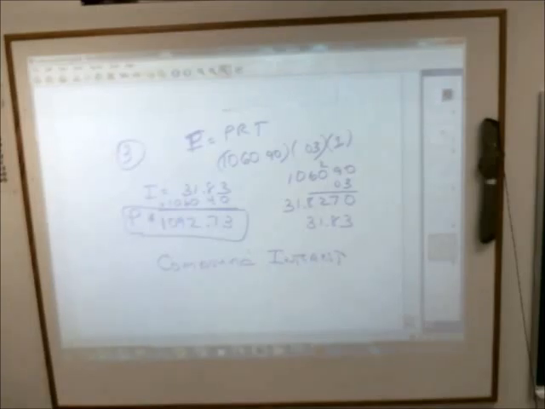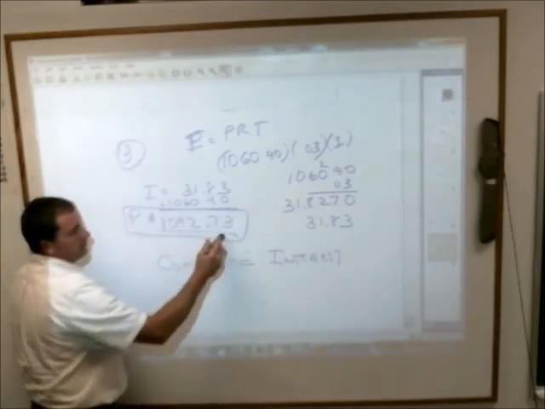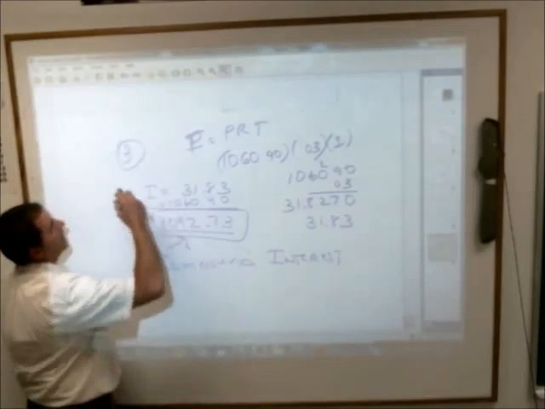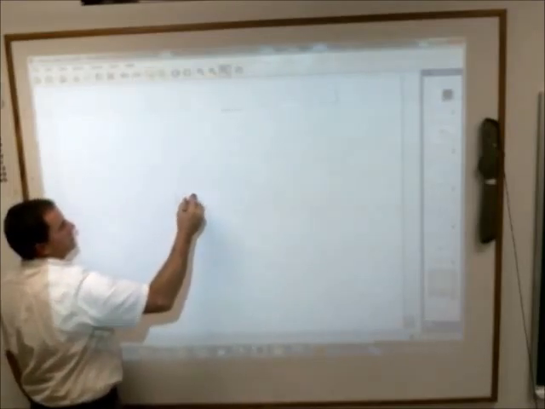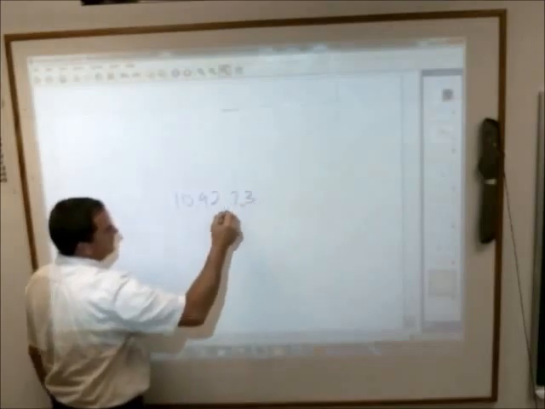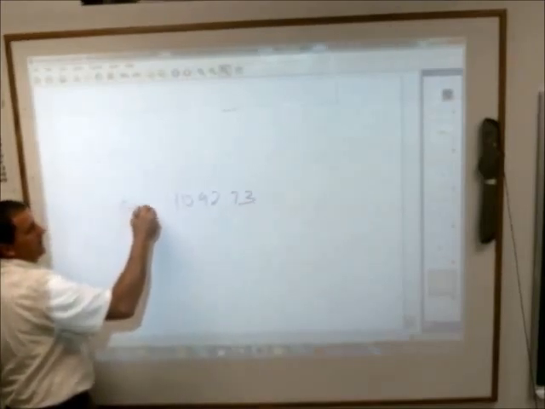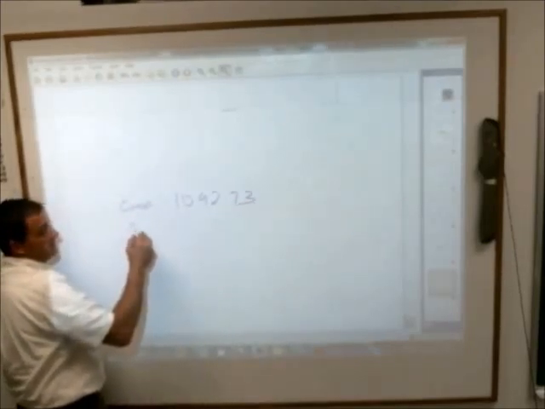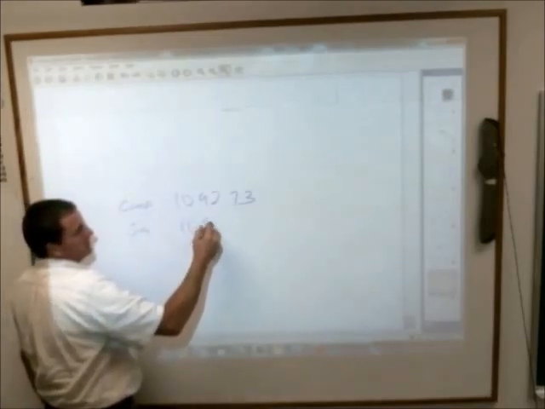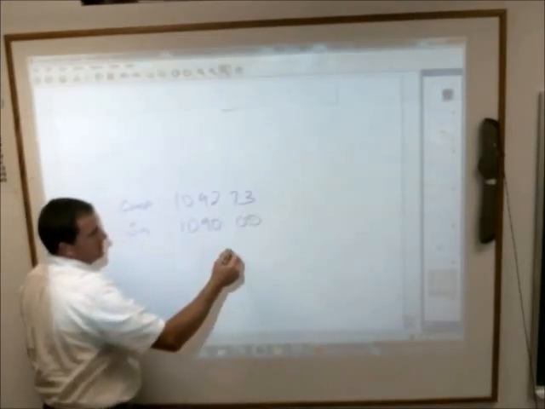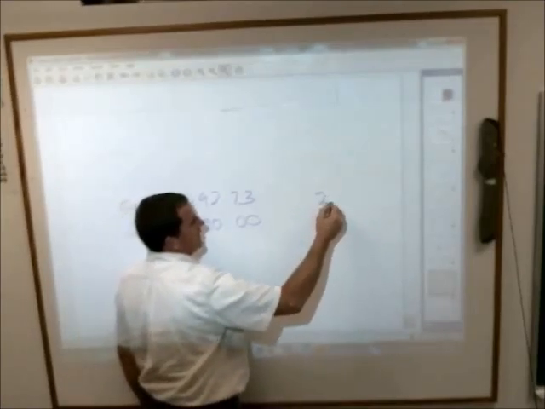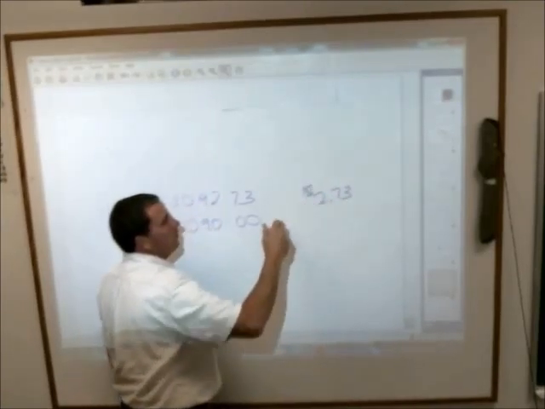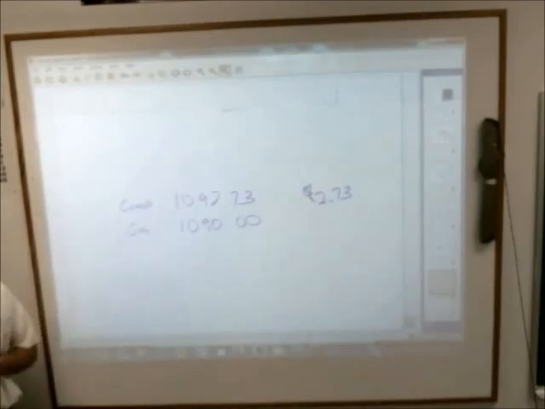And you can see the difference. The difference with compound interest, I made what? $1,092.73. At the end of 3 years with simple interest, how much did I have? Just $1,090. So I made in 3 years $2.73 more using compound interest.